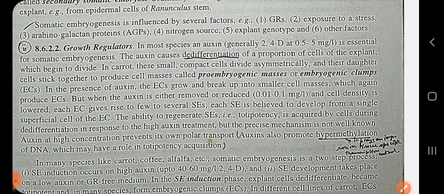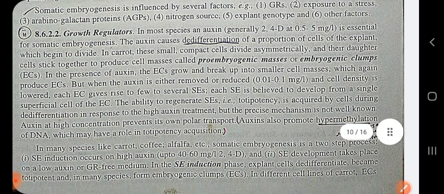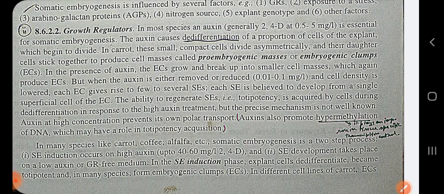In the presence of auxin, these embryogenic clumps grow and break apart into small cell masses, just like callus, which again produce embryogenic clumps.